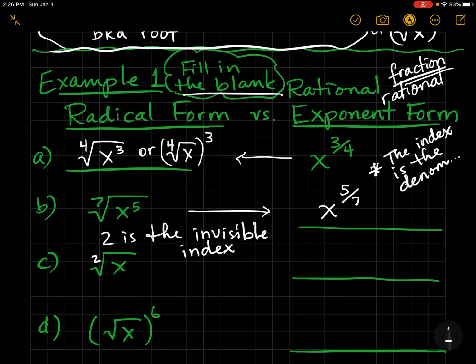And notice when there's nothing here as the exponent, it's 1. So this is x to the 1/2 power. And if this fraction is reducible, you must reduce if possible. Keep that in mind.